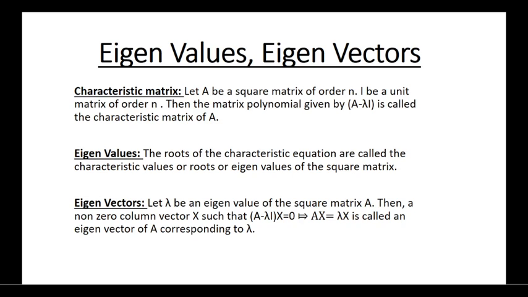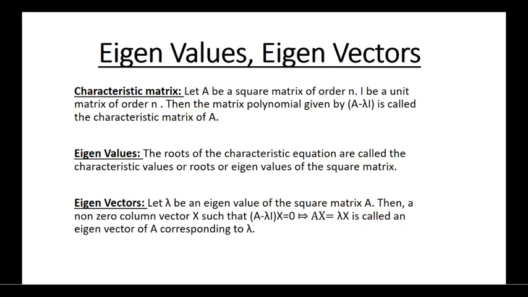So already you know the characteristic equation. For any square matrix A of order n and I a unit matrix of order n, the matrix polynomial is given by A minus lambda I. So what is the characteristic equation?